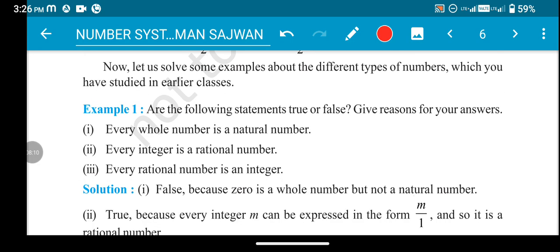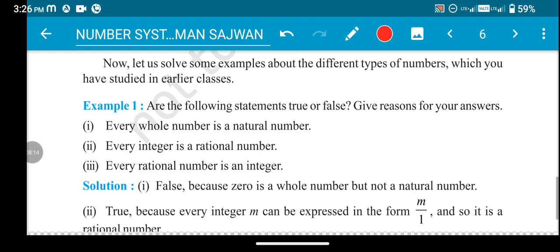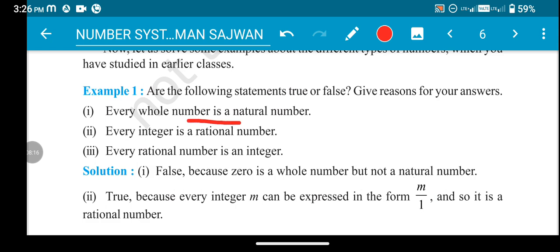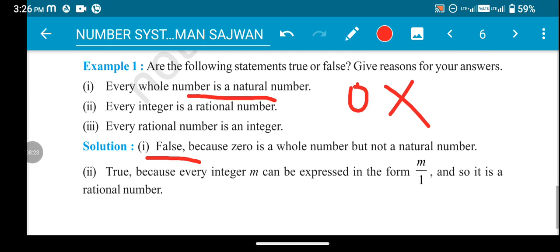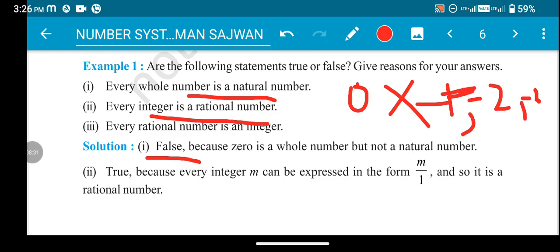Now answer the following questions. Are the following statements true or false? Every whole number is a natural number. Is 0 a natural number? No, this answer will be false. Every integer is a rational number? Yes, we can say every integer is a rational number: -1, -2, -3, and so on.